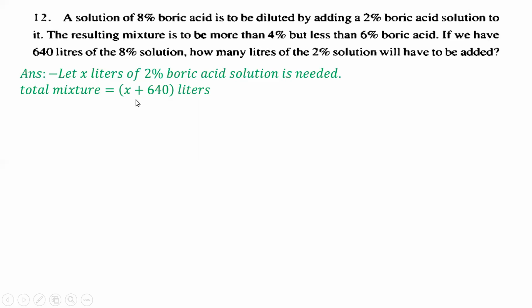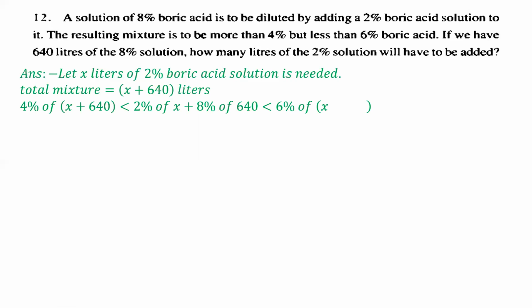So 4% of this X plus 640 is less than the resulting mixture, which is 8% of 640 liters and 2% of X liters. The resulting solution lies between 4% of the total mixture and 6% of the total mixture.